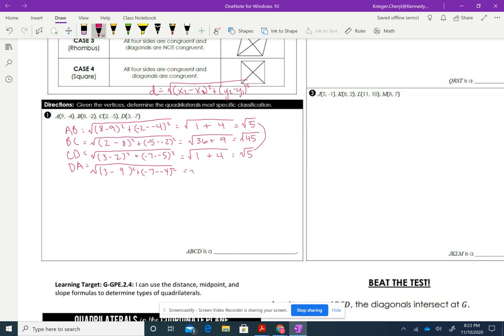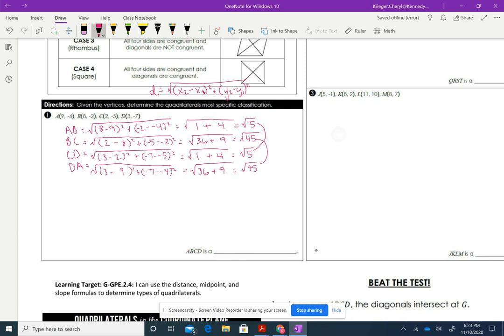So that's negative 6 squared, 36, and positive 9, so square root of 45. So we have two sets of congruent side lengths, right?